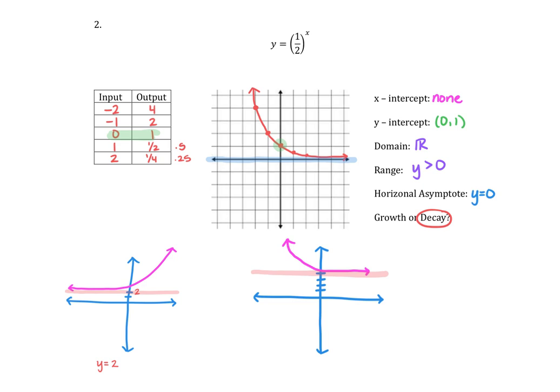And that would be at a y value of 4. So my horizontal asymptote would be y equals 4. In that case, my range would have to be anything bigger than 4. So that would be y is greater than 4. Your range is built off of your horizontal asymptote.